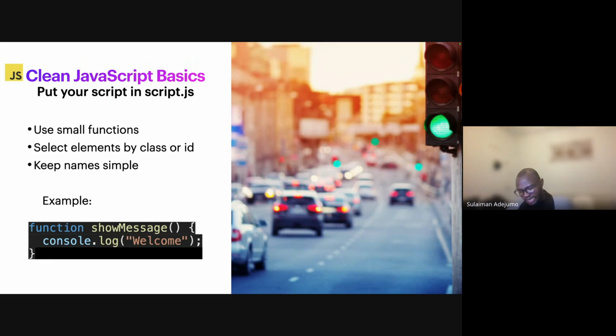A common challenge beginners face is that their JavaScript file becomes big too quickly. They try to do everything inside one long block of code, and after some time it becomes overwhelming and hard to manage. That is why starting light is so important. Keep your functions short, keep your naming simple, and only add more logic when you truly need it.